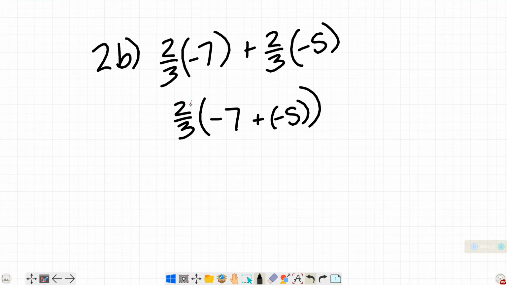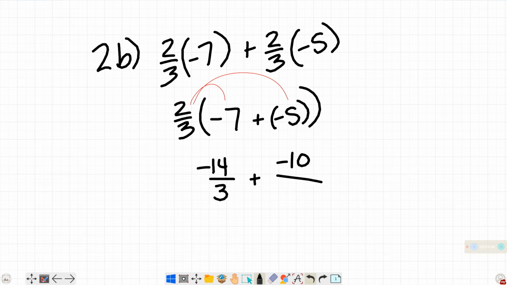So we are going to take 2/3 of -7. 7 times 2 is 14, but we have a negative. And then we're going to do 2/3 times -5. 2 times 5 is 10, but it's negative. And then we have the 3 on the bottom. Now I need to add my numerators together.